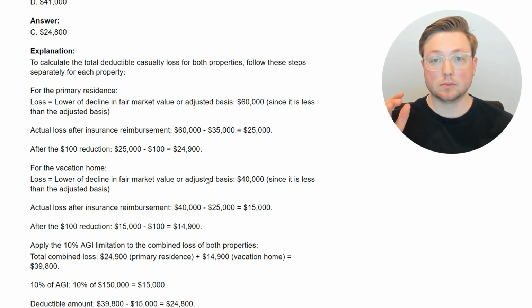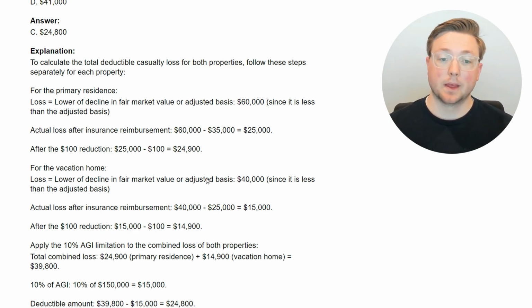It's just one kind of convoluted calculation, and once you understand how that calculation works, you've pretty much got casualty losses down. So just one more time, find the lower of the fair market value or the adjusted basis, subtract insurance reimbursements, then subtract $100, then subtract 10% of AGI, and as long as it was in a federally declared disaster area, that is the amount of loss that can be deducted as a casualty loss.